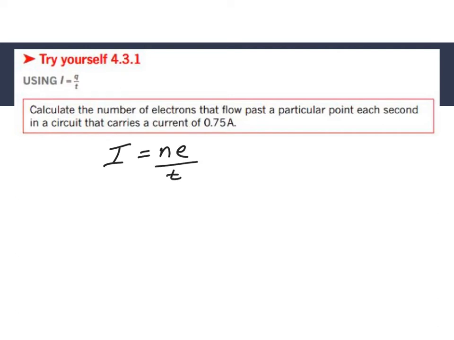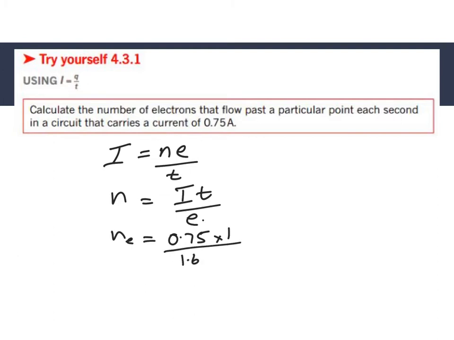And what we know here is we want to work out the number of electrons, so that is going to be I T over E. So in this particular case, the number of electrons is going to be I, which is 0.5 amps, which is quite a lot of current, multiplied by 1 second, divided by 1.6 times 10 to the negative 19.